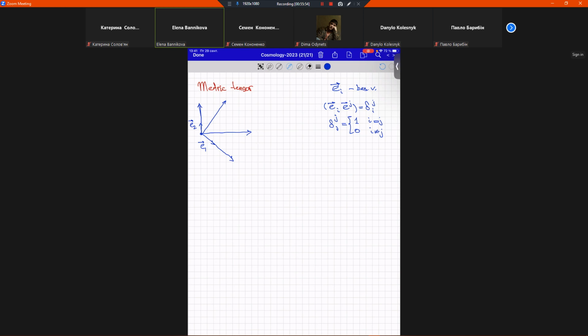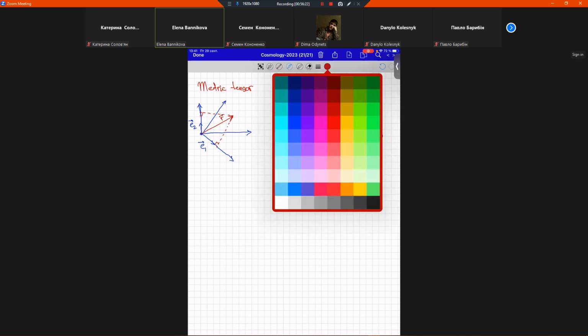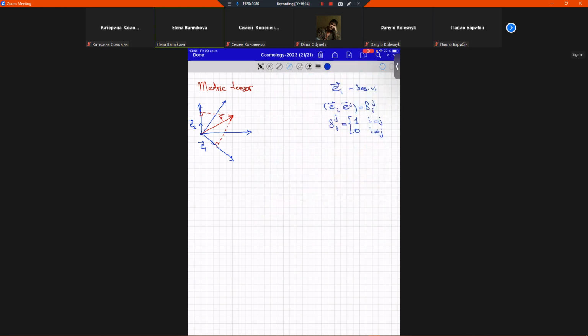And if we have some vector R, we can find the components of this vector by putting perpendiculars on the axes. This is perpendicular, and we can call the components x1, x2.